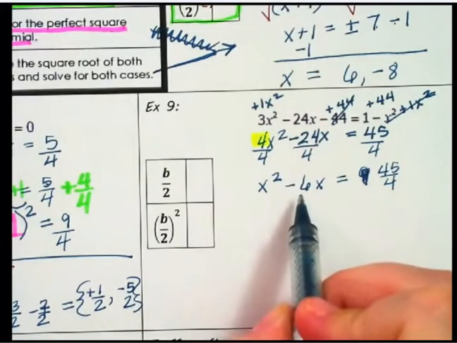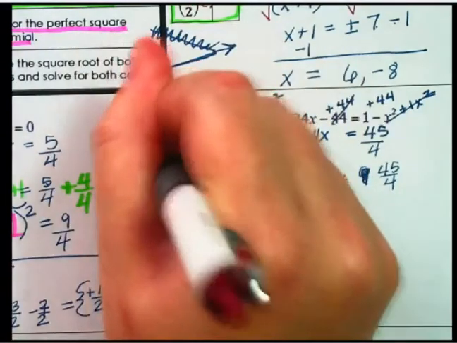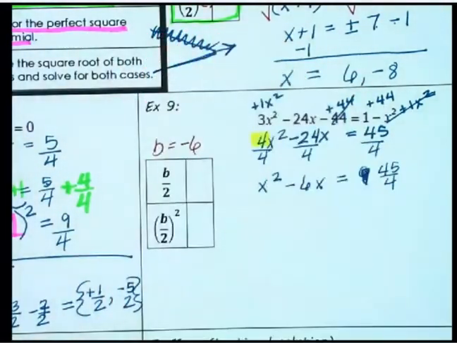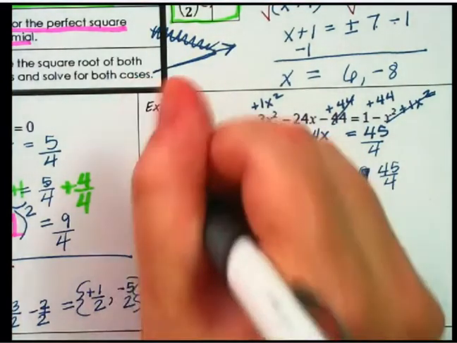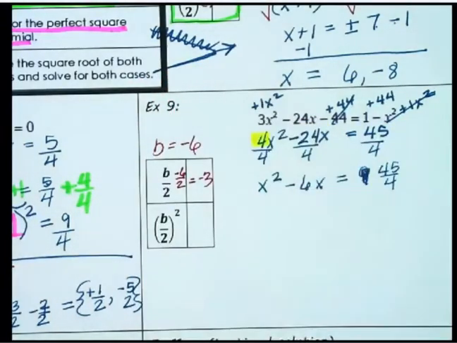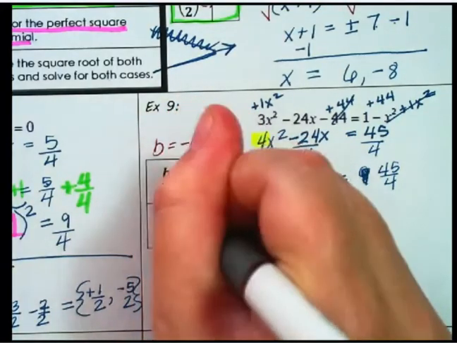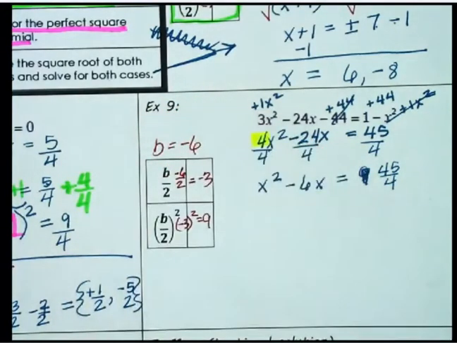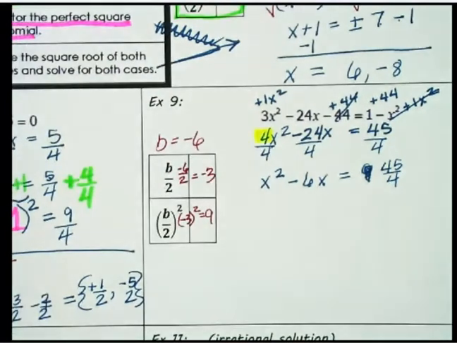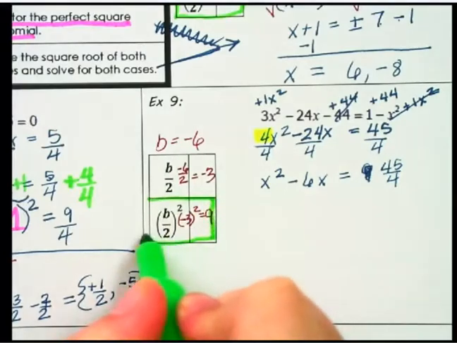Now b equals negative 6 in this problem. So negative 6 divided by 2 is negative 3. Negative 3 squared is 9. So what I need to add to both sides of my equation is 9.